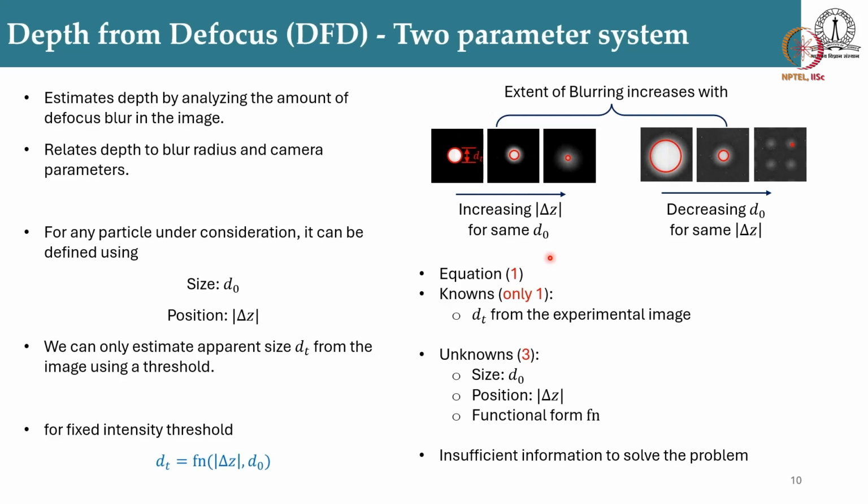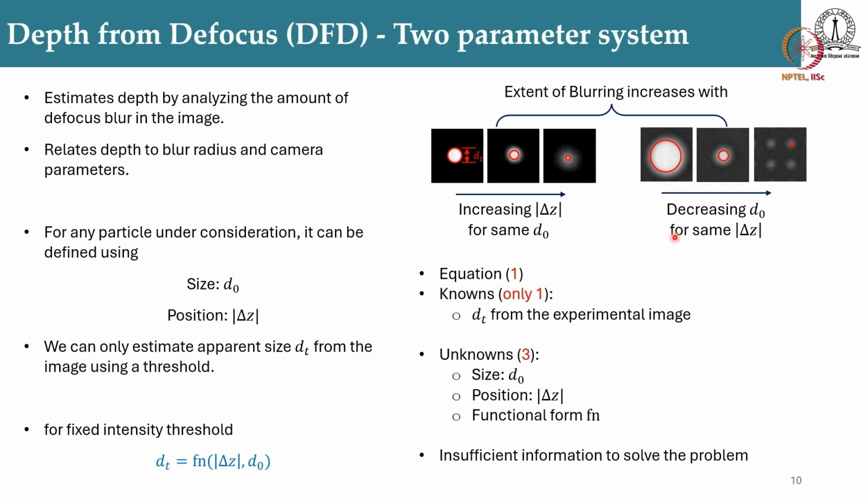Apart from that, the size of particle is also something which is important. So say if you have particles, all the particles stacked in the same plane, which is away from your object plane. So basically all the particles are moved away by the same amount of depth, but you will see that the larger particles will be blurred less and the smaller particles will be blurred more.